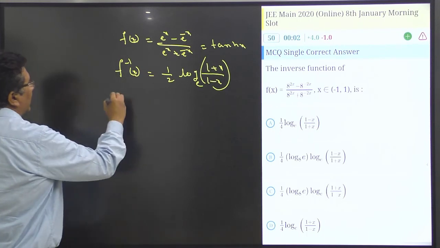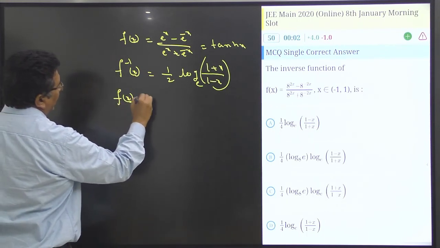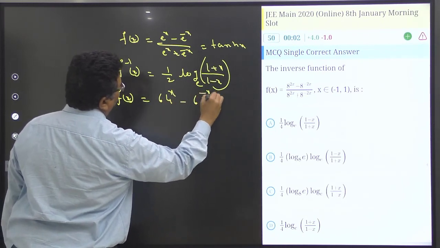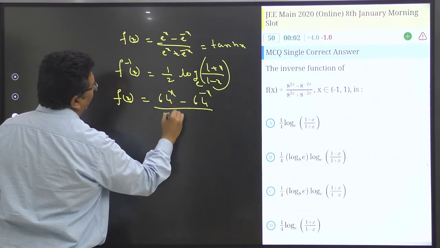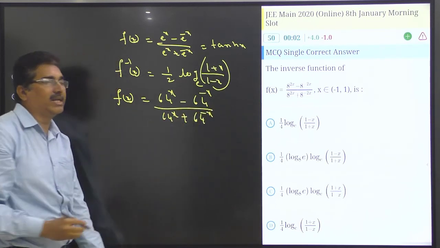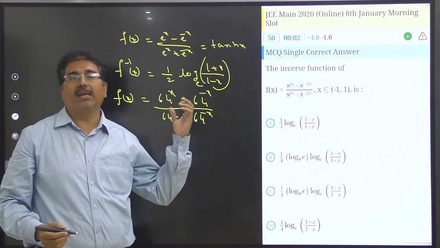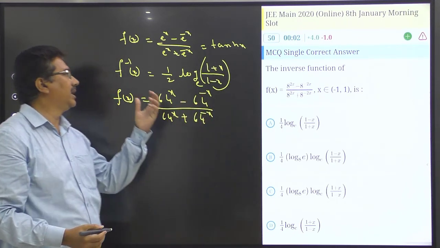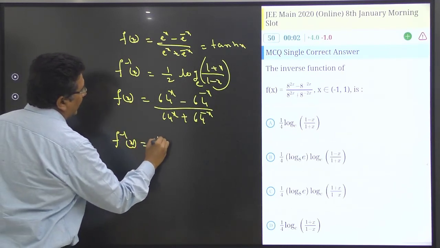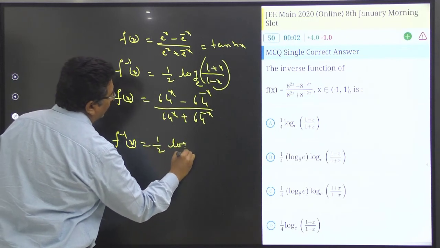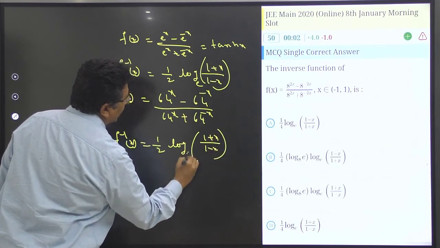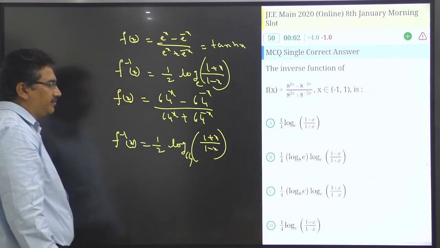Now here, given that f of x can be written as 64 whole power x minus 64 whole power minus x divided by 64 whole power x plus 64 whole power minus x. Now, what is the inverse of this function? Right, from the above, f inverse of x is equal to 1 by 2 logarithm of 1 plus x divided by 1 minus x to the base 64.